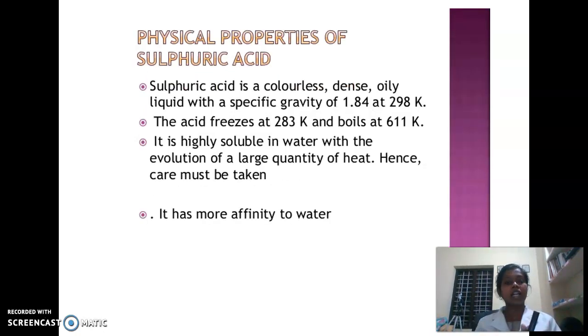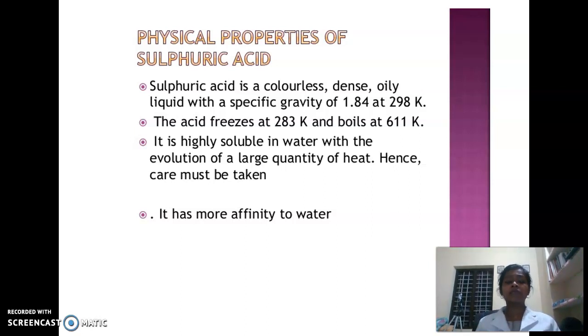Physical properties of sulfuric acid. It is a colorless, dense, oily liquid and has a specific gravity of 1.84 at 298 Kelvin. This acid freezes at 283 Kelvin and boils at 611 Kelvin. It is highly soluble in water with the evolution of a large quantity of heat, hence care must be taken.